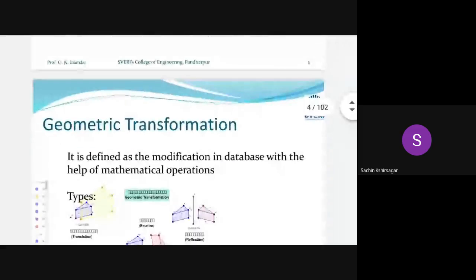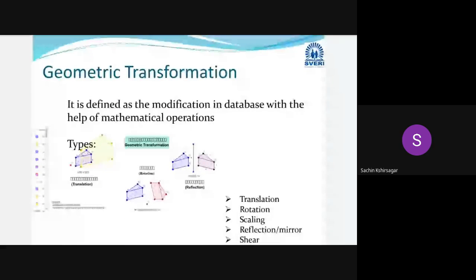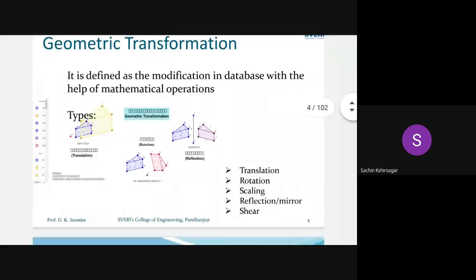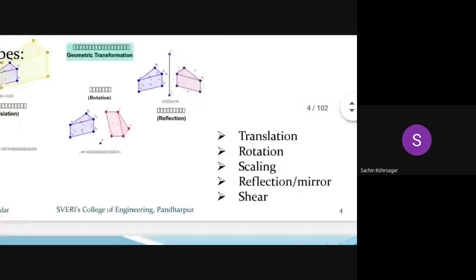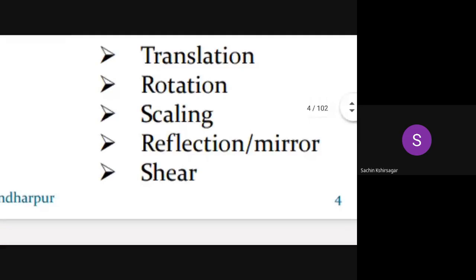Geometric transformation is the modification of the database with the help of mathematical operations. There are basically five types of transformation: translation, rotation, scaling, reflection or mirror, and the last one is shear. Translation is the movement of an object from one place to another by some distance along the x-axis or y-axis.